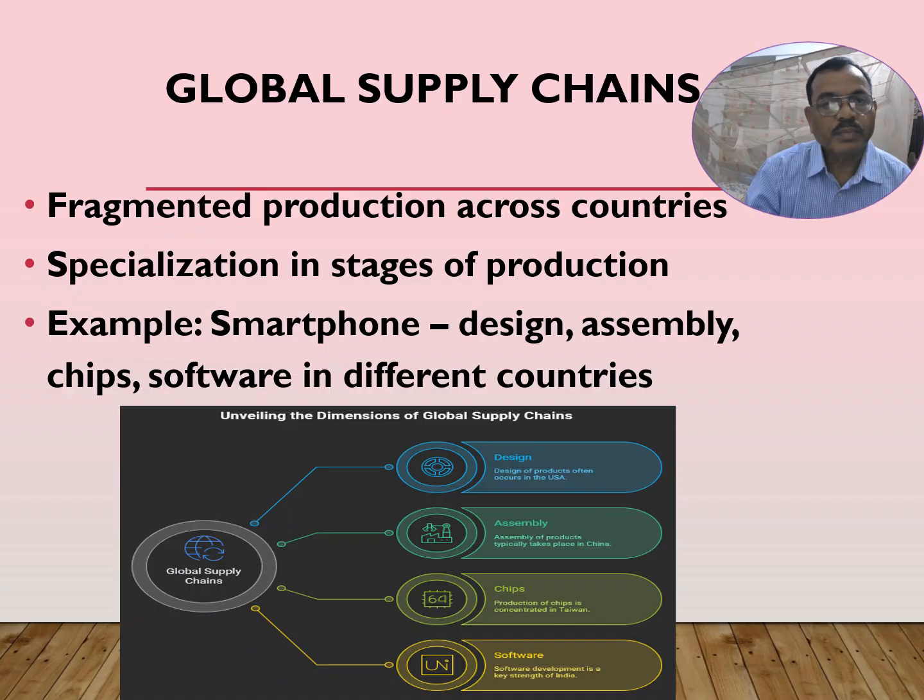For example, a smartphone may be designed in USA, assembled in China, use chips from Taiwan, and software developed in India. This system is called a global supply chain or global value chain. Countries now specialize in tasks or stages of production, not entire products. This is a major transformation in global trade.